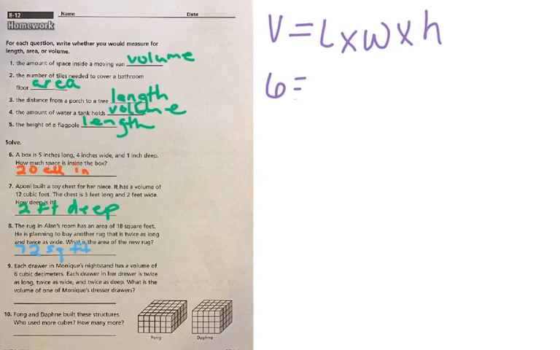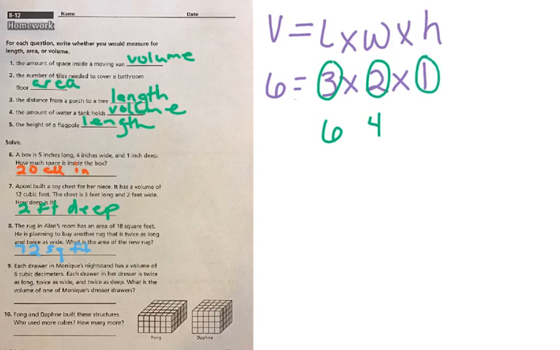And when I think of that, I can think of 3 times 2 times 1. 3 times 2 is 6, and 6 times 1 is 6. And then I'm going to go back and I'm going to read my question again. It says each drawer in the dresser is twice as long, twice as wide, and twice as deep. So I need to take each of those factors there, and I need to double it. 3 times 2 is 6. 2 times 2 is 4.